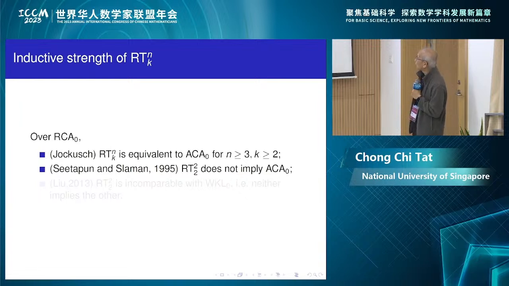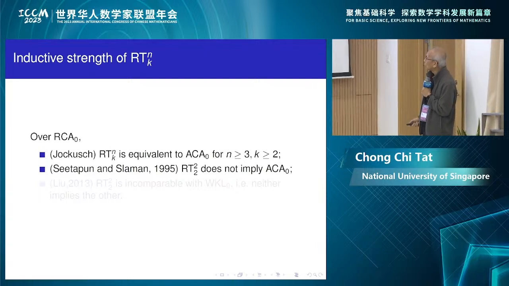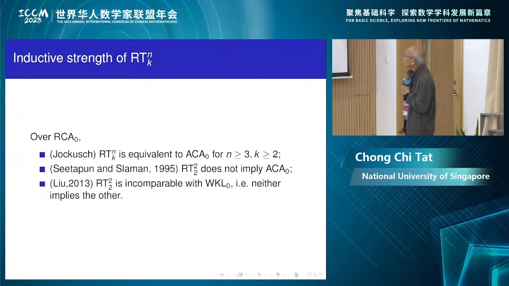And the question of the strength of Ramsey's theorem for pairs, since for triples, Ramsey's theorem is already equivalent to ACA0, then it clearly implies RCA0 and WKL and so on. So the question of whether Ramsey's theorem for pairs implies weak Koenig's lemma, WKL0, remained open until it was solved by Liu Jiayi in 2013, who produced a model of Ramsey's theorem for pairs in which weak Koenig's lemma is false.